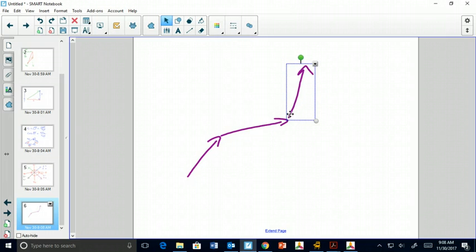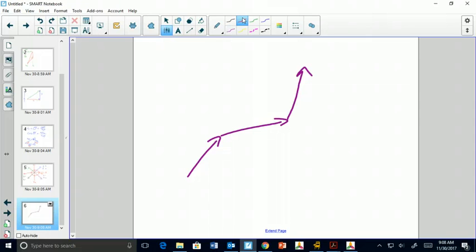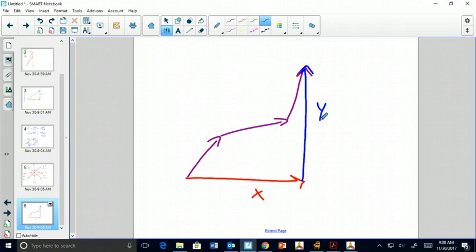My hand's blocking the way, sorry, I can't make it go exact. And now what we're saying is that this guy is going over this far, right? And going up that far. Does that make sense?